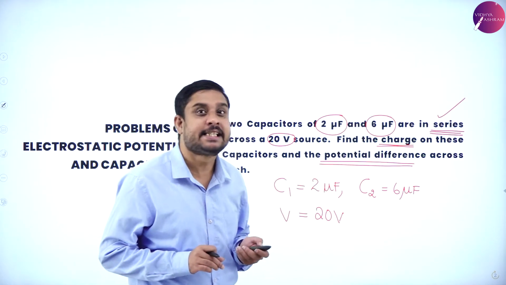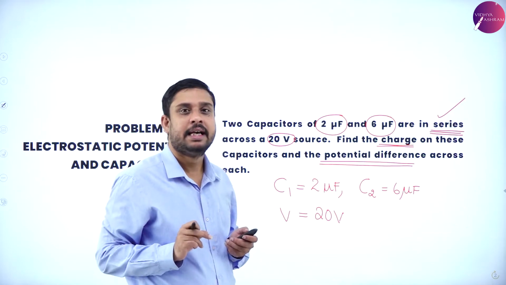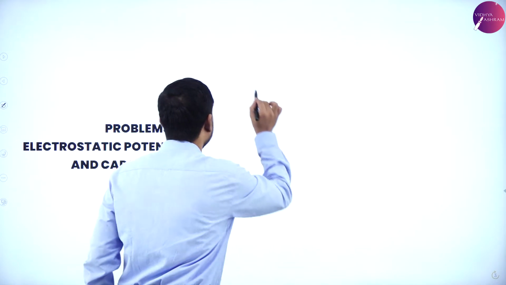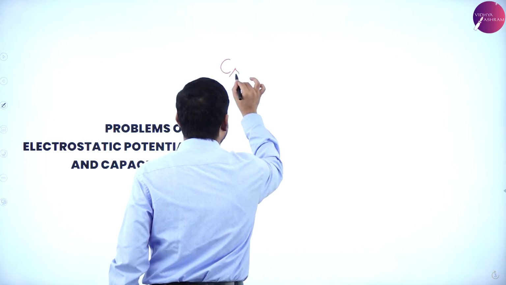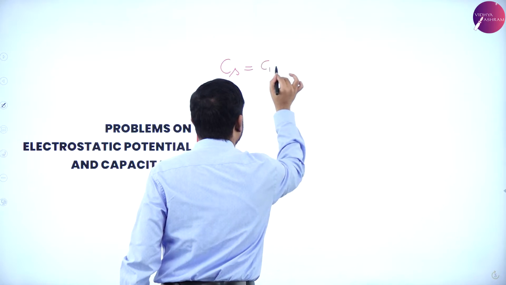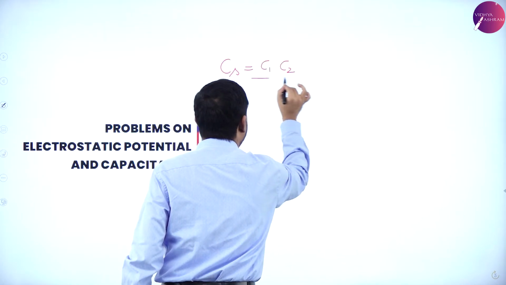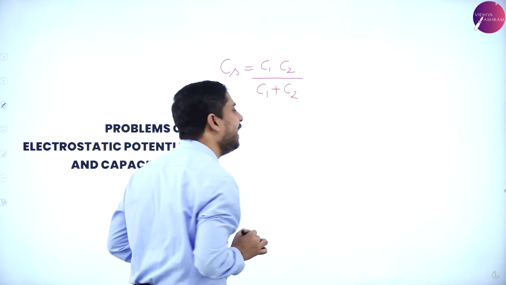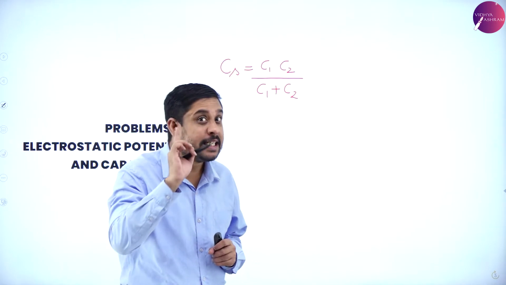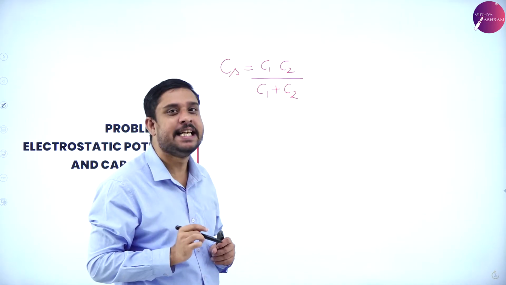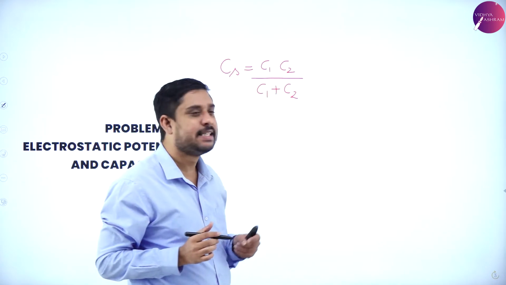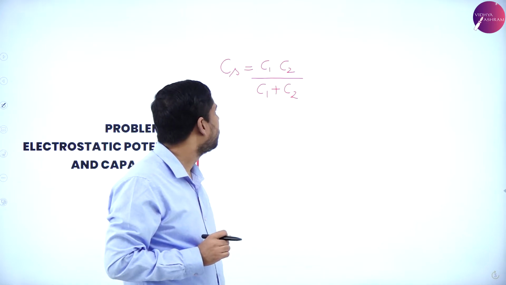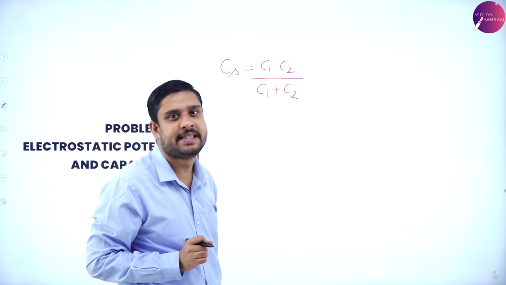Now they are connected in series, and remember, for capacitors connected in series, the formula is CS equals C1 C2 divided by C1 plus C2.